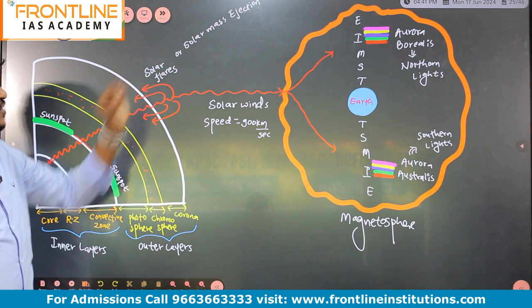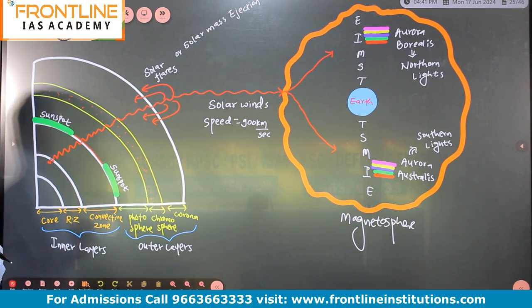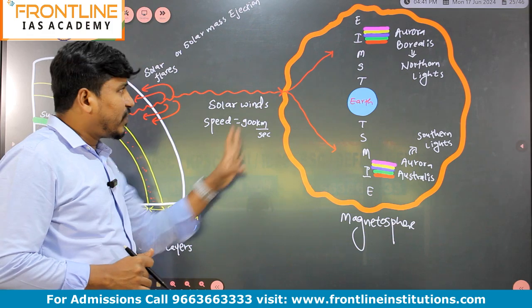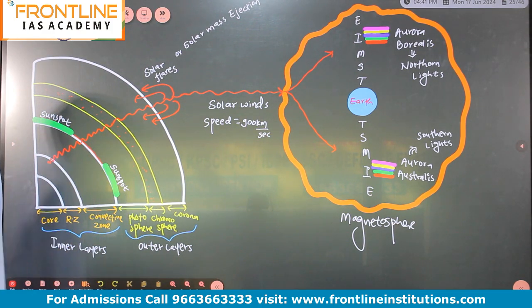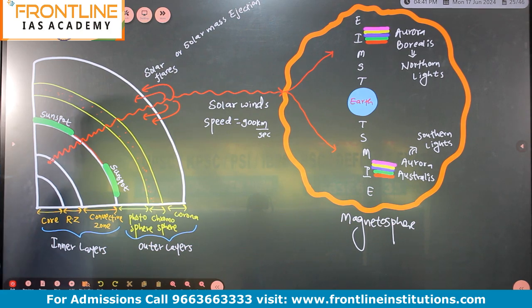So solar mass ejection or solar flares, solar winds, aurora borealis, northern lights, aurora australis, these are very important components of our sun's structure.